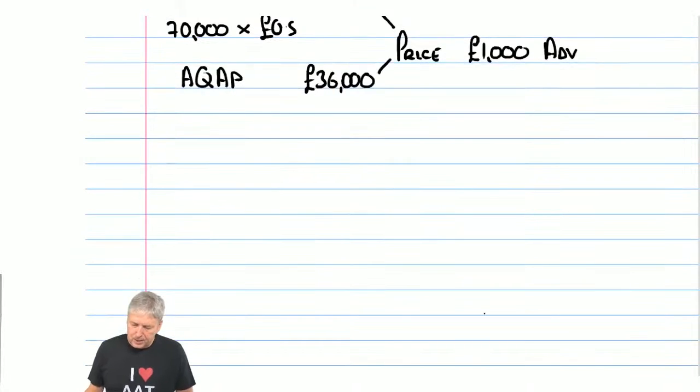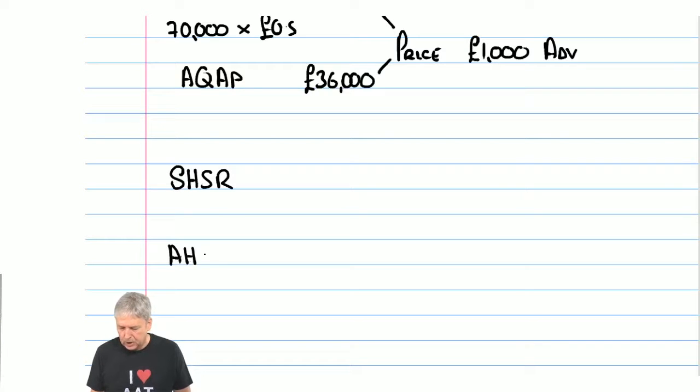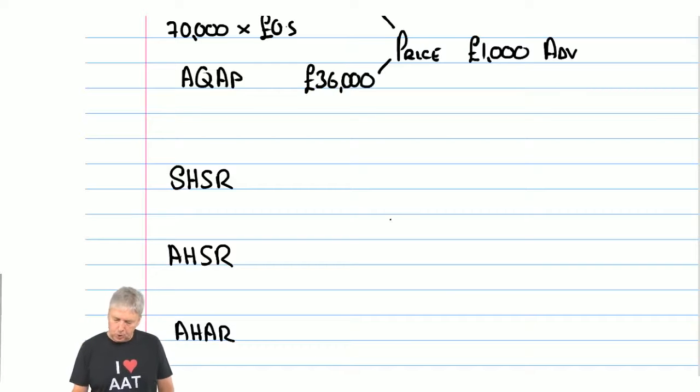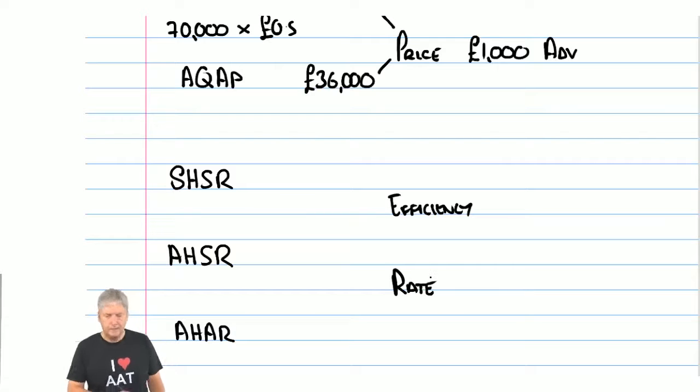If we do precisely the same for labour, we've got standard hours, standard rate, actual hours, standard rate, and actual hours, actual rate. Compare the top two and we get the efficiency variance. Compare the bottom two and we get the rate variance. Not difficult. And we're going to do precisely what we argued before.